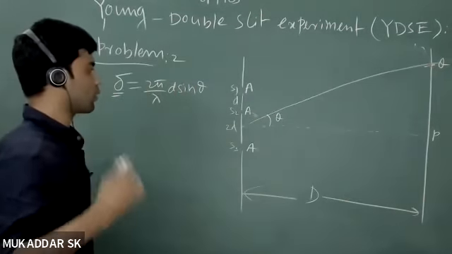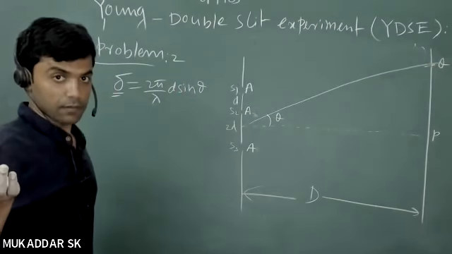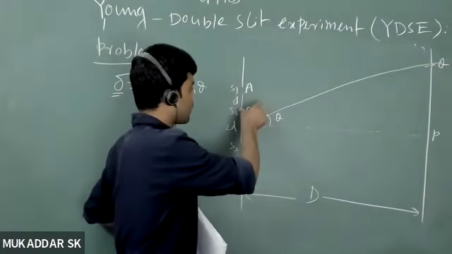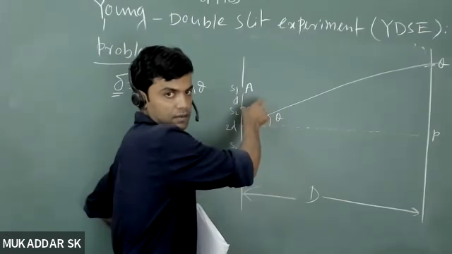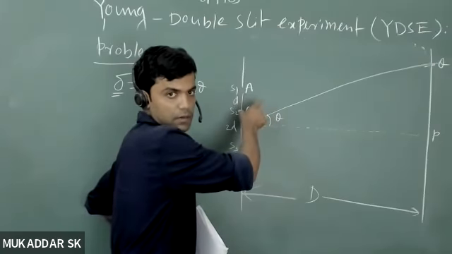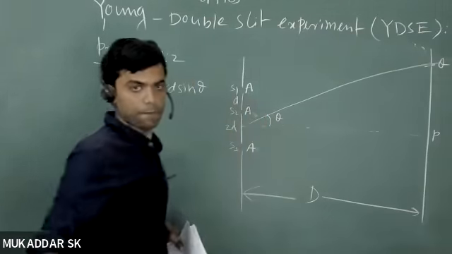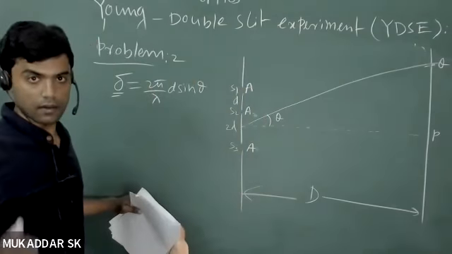That we have just calculated. How much is it? 2 pi by lambda d sin theta, right? भाई इनके बीच में पाथ डिफरेंस कितना हो जाएगा? d sin theta हो जाएगा. If path difference is d sin theta, phase difference कितना हो जाएगा? 2 pi by lambda d sin theta, है ना? ठीक है. तो इनके बीच में मेरे को फेज डिफरेंस पता चल गया, वो डेल्टा है.